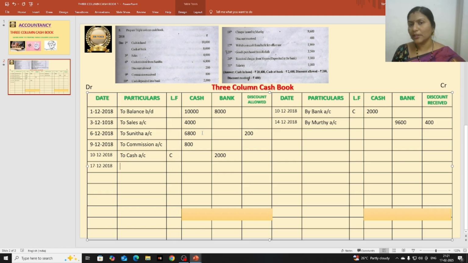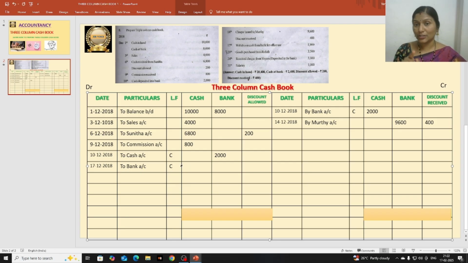What item are we going to write? I said cash account debit to bank account. To bank we are going to write here. To bank account. Since this is a contra entry, in the LF column we should mention C. We should denote it by C.